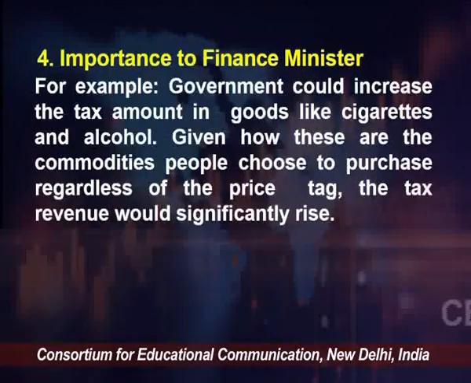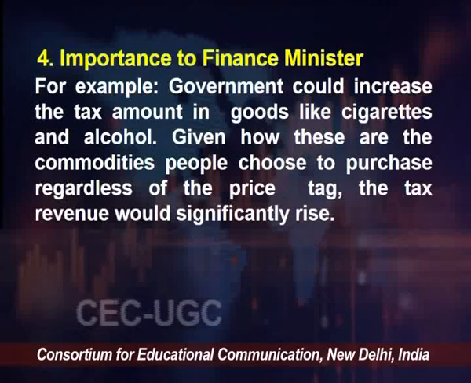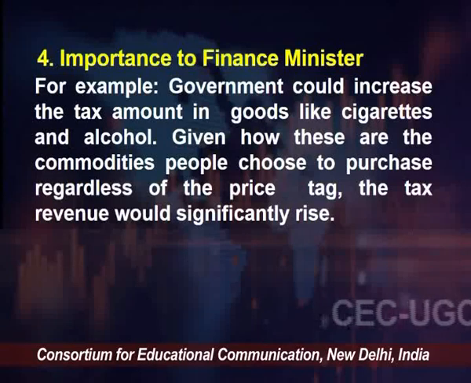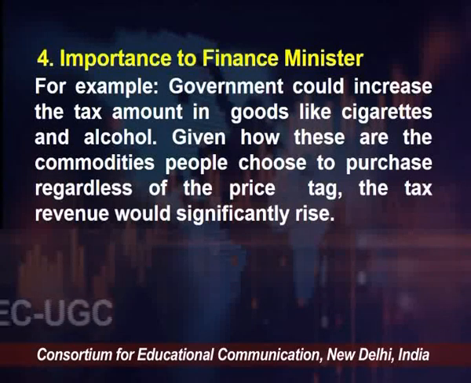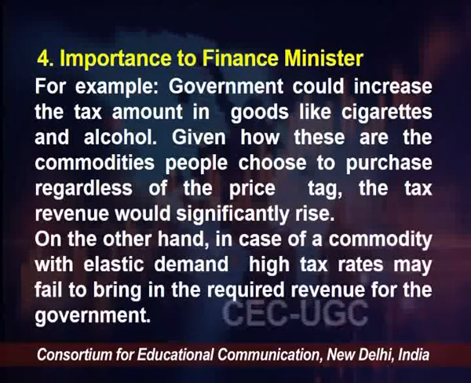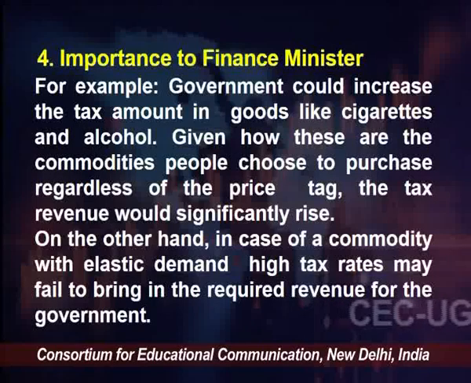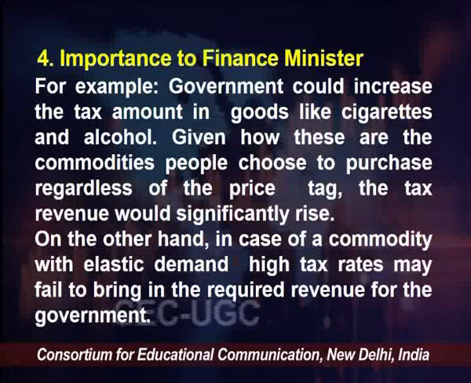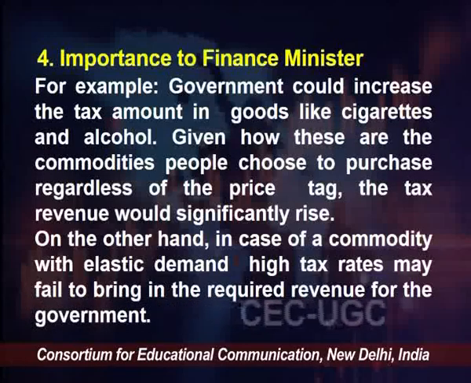For example, government could increase the tax amount on goods like cigarettes and alcohol, given how these are commodities people choose to purchase regardless of the price tag. The tax revenue would significantly rise. On the other hand, in case of commodity with elastic demand, high tax rates may fail to bring in the required revenue for the government.